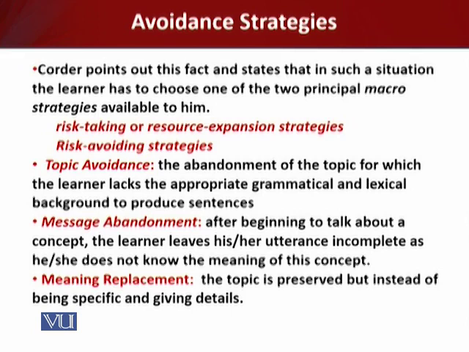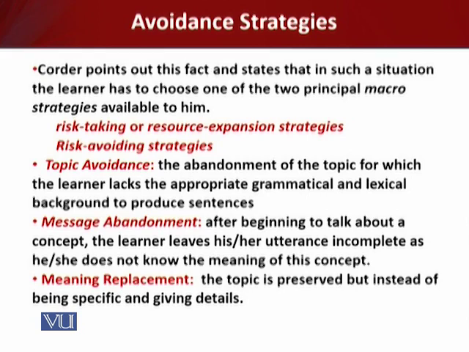In the first case, he may attempt to use all the linguistic sources at his disposal and pass the precise information to the party he interacts with. The learner may paraphrase the message, invent new words, guess words. Such strategies are named risk-taking or resource expansion strategies.